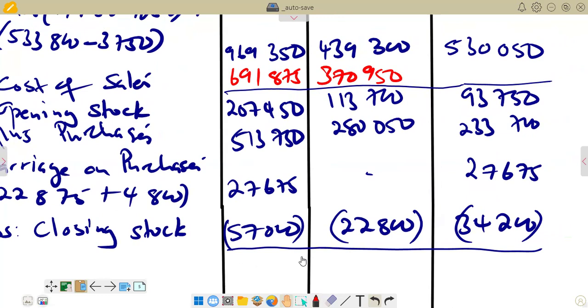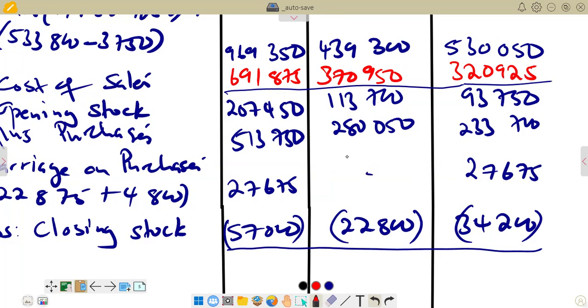And then we subtract 34,200. Then we are going to get 320,925. So this is what we have.